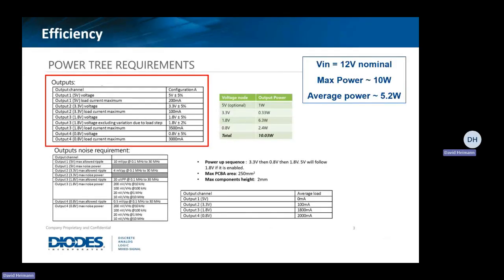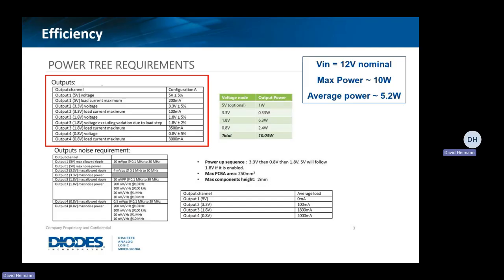So we're going to start here by looking at a basic power tree spec, let's call it. This is actually a spec we received from one of our customers, and they sent this to us. You can see in the circle here their required outputs.